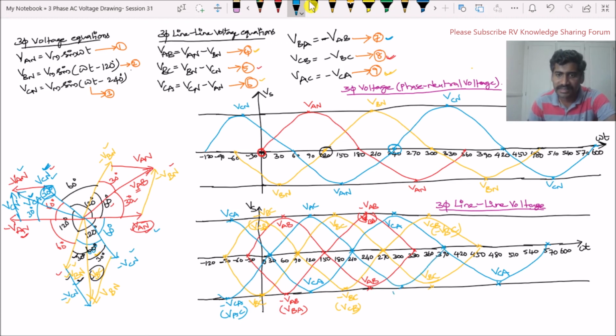Here at an angle of 480 degrees it has peak value. This cycle also is VAC, which is nothing but minus VCA. So this is how we can draw our three-phase line voltages. Thank you.